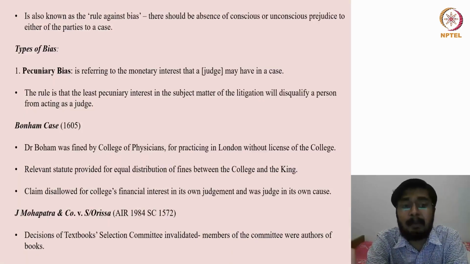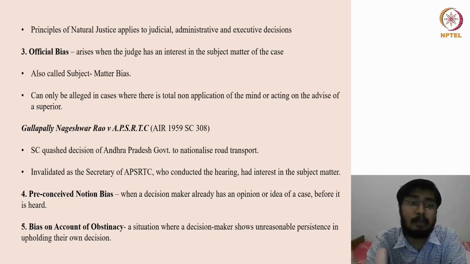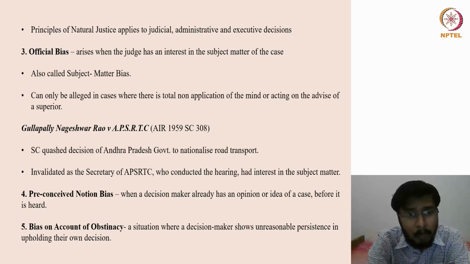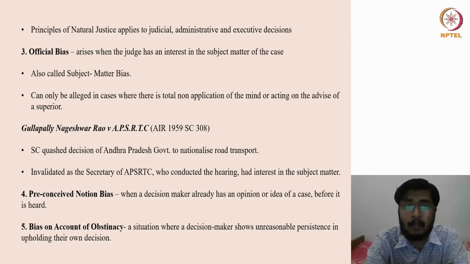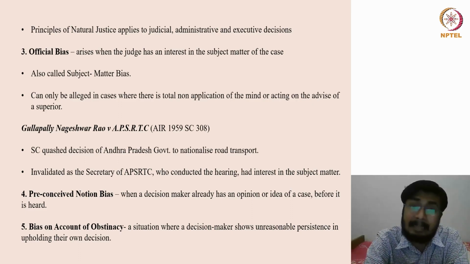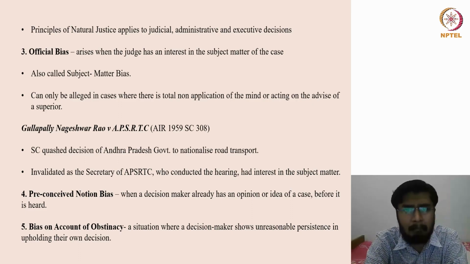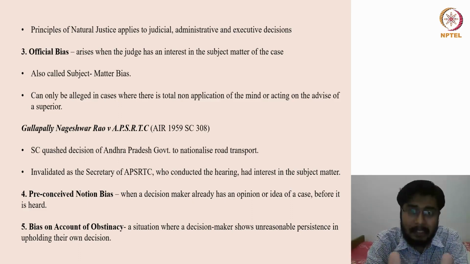Then there is the third part of bias. We have seen a pecuniary bias, a personal bias, and an official bias. Official bias arises when the judge has an interest in the subject matter of the case. For instance, there is a land dealing, and in a particular land, an illegal construction has come up. That time it may not be legal. Today, by some means, it is illegal. I have purchased a flat in that particular construction.